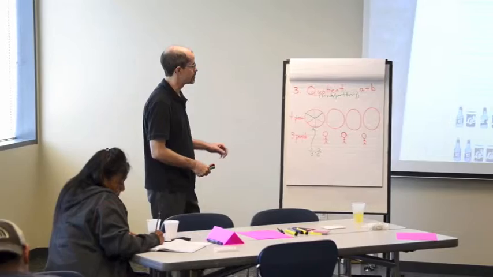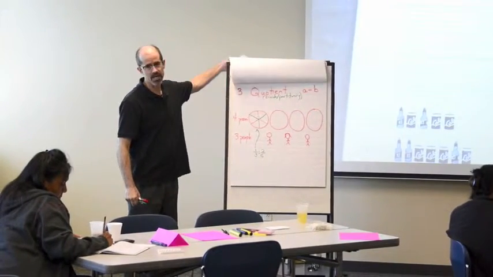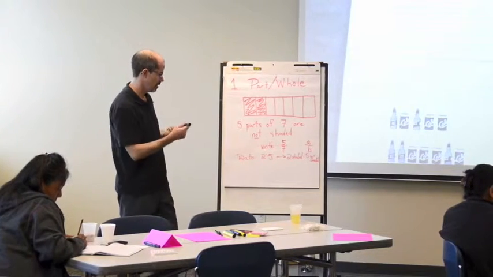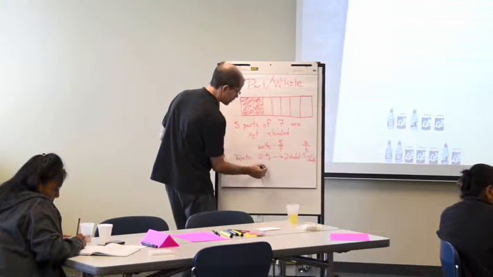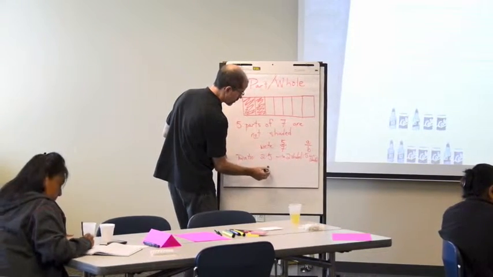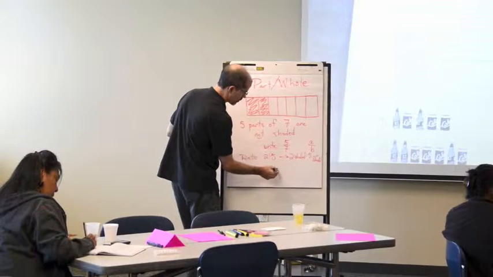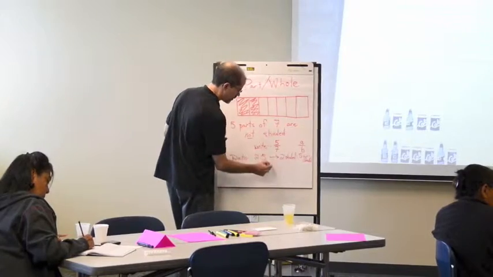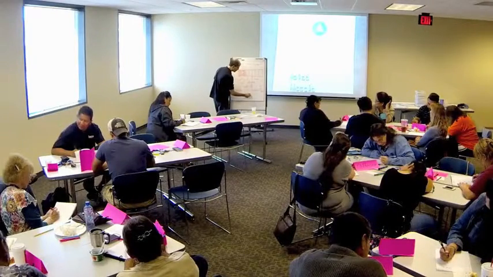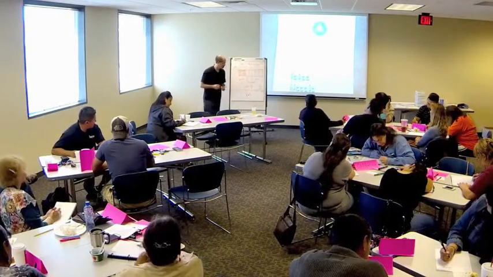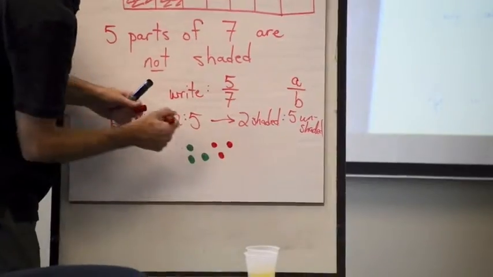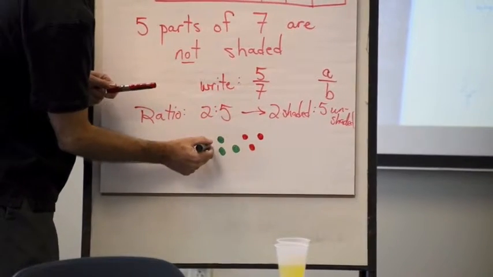So, for example, I'm going to go back to part whole. If I have 3 green pieces of candy, and 2 that are, let's do 3 reds and 4 greens actually.